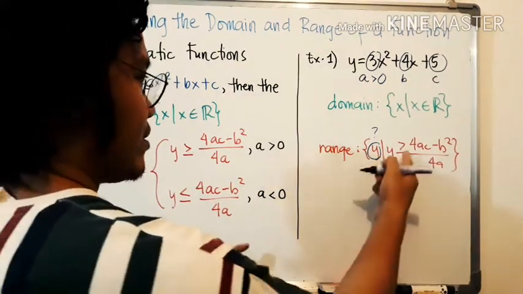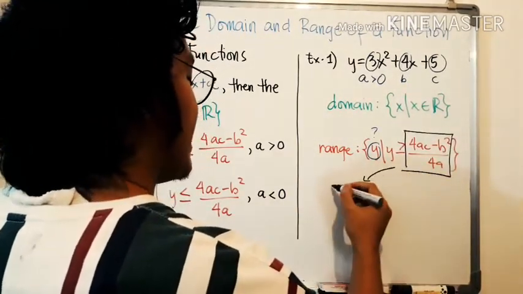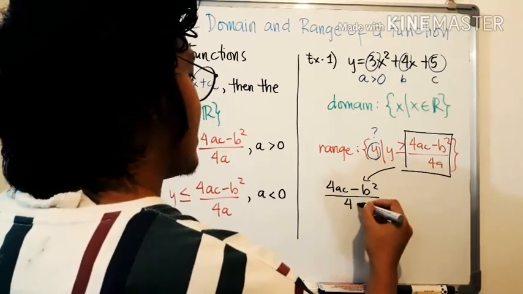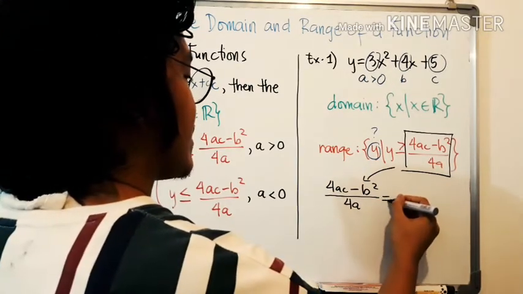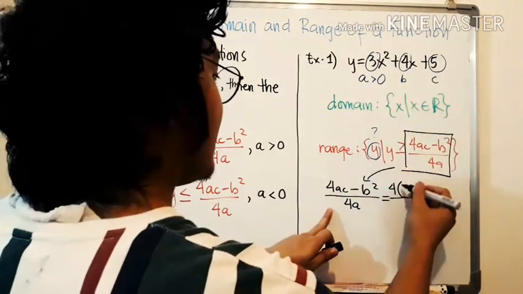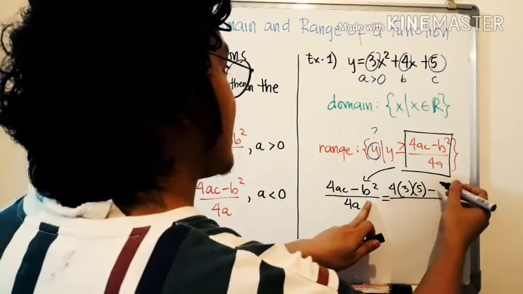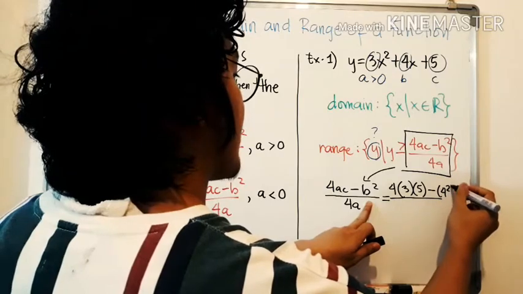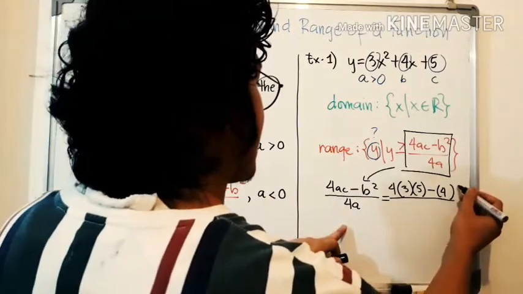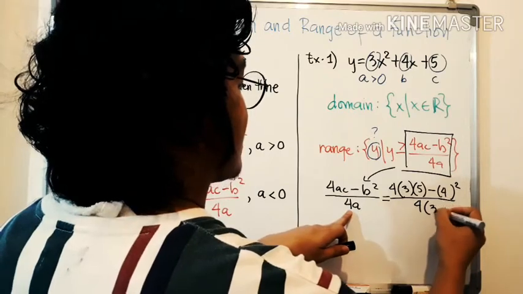Okay? So, therefore, let's solve this expression. We have 4ac minus b squared, all divided by 4a. Okay? So, let's plug in. This becomes 4 times our a, which is 3, times our c, which is 5, minus our b, which is 4, to the power 2. Sorry, the exponent is outside. Then divided by 4 times our a, which is 3.